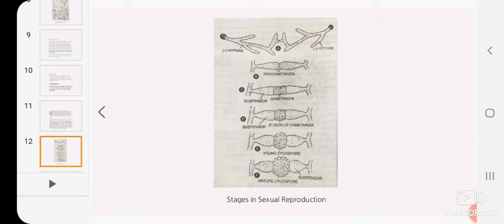So this terminal portion forms the gametangium, which gets separated from the rest of the portion, which is called suspensor.